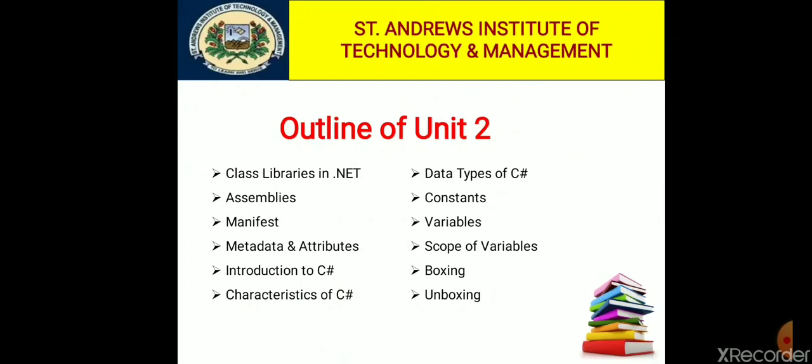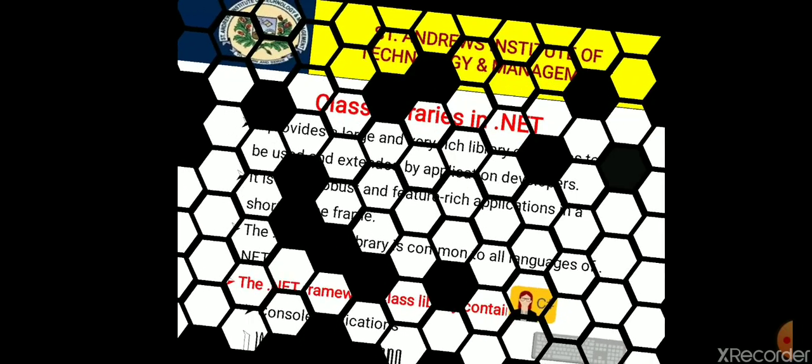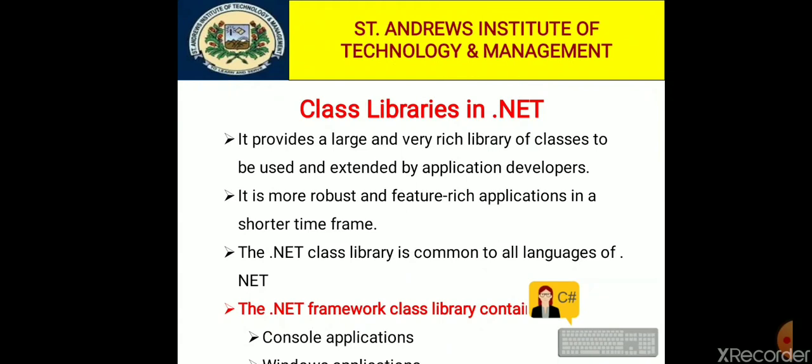The first topic is class libraries in .NET, assemblies, manifest, metadata and attributes, introduction to C Sharp, characteristics of C Sharp, data types of C Sharp, which were already discussed in first unit also, constants, variables, scope of variables, boxing and unboxing. So our first topic today is class libraries in .NET.